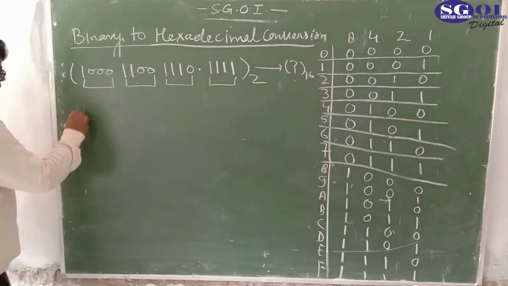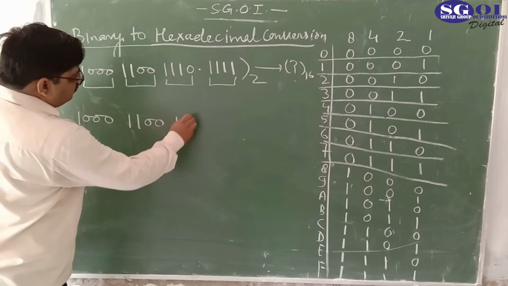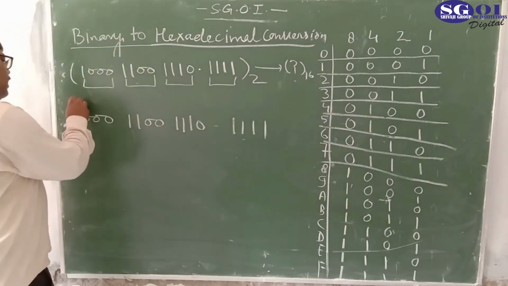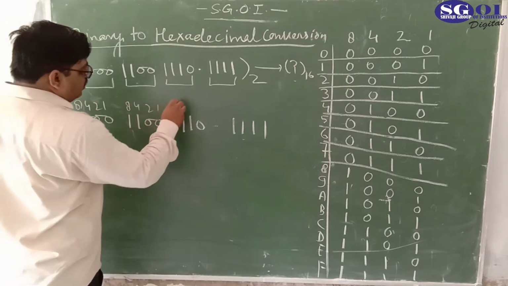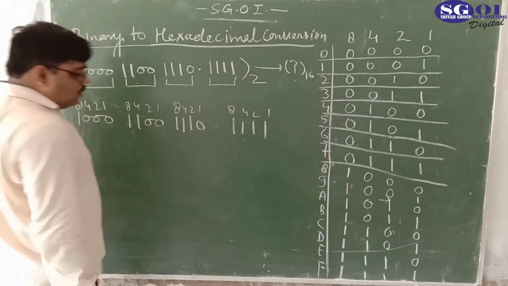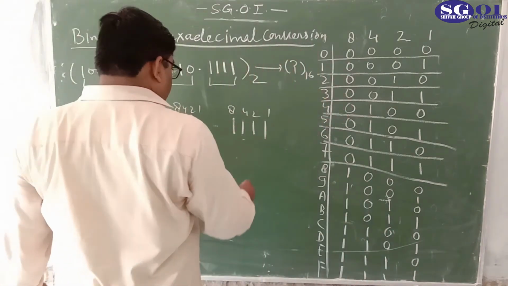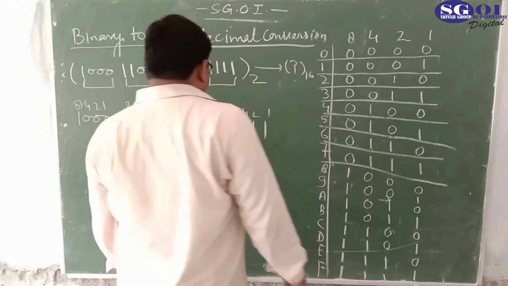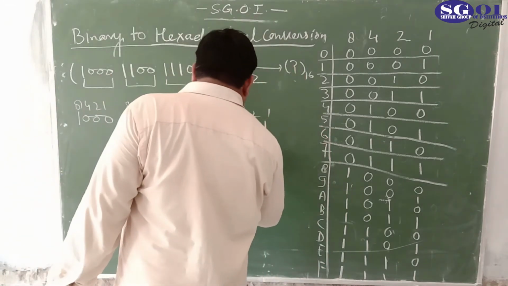After that, we write the 8421 for each group. In the last group you write 1111. That is F: 8, 4, 12; 12 plus 2, 14 plus 1, 15. 15 means F.